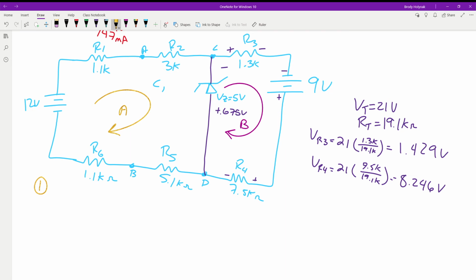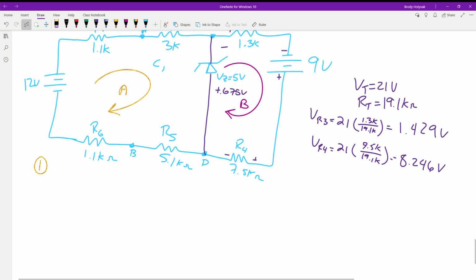Well, yeah, the polarity is going to be this way, but we're assuming current is going clockwise. It probably is going to come out to where the current's going to go the other direction. Okay, so we'll write out our equation. So we got 1.1K times A plus 3K times A plus the 0.675. It'd be minus, sorry, because we have that polarity.